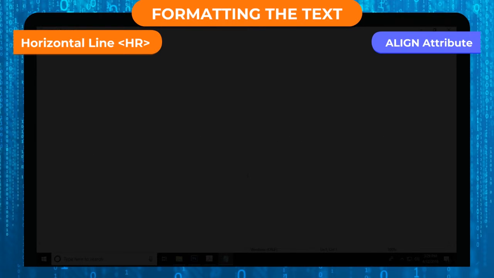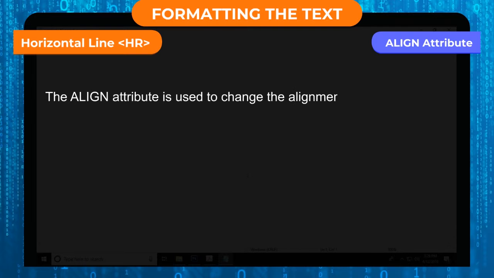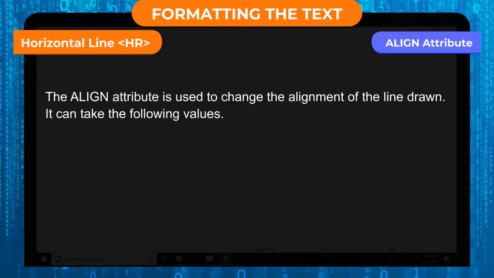Align attribute. The align attribute is used to change the alignment of the line drawn. It can take these values. Align equals double quote left. Align equals double quote center.